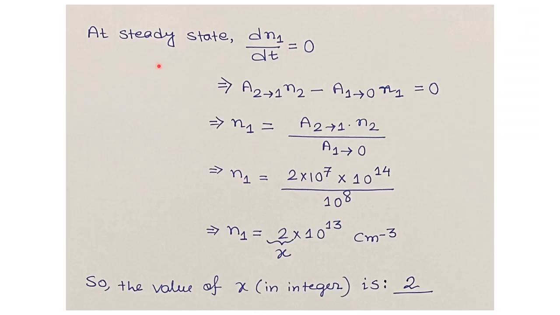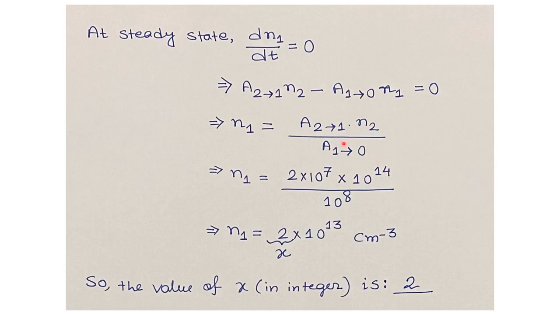Now at the steady state, we will have dN1/dt equals 0. So from here we can write A21 times N2 minus A10 times N1 equals 0. After a little rearrangement, we get N1 equals A21 times N2 divided by A10.